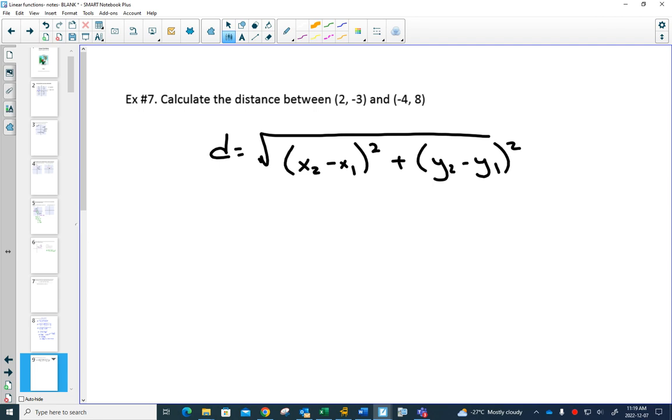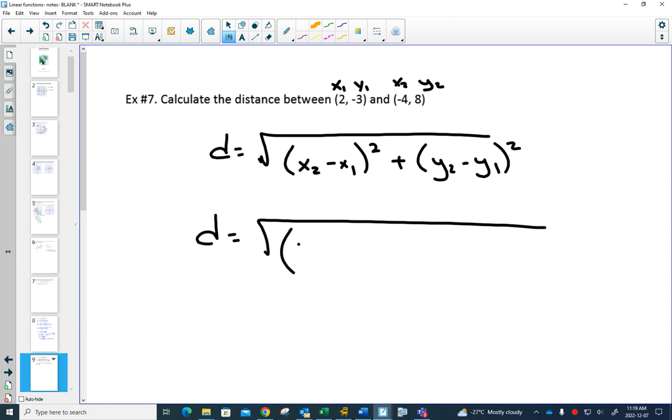So again, we pick our first point, we call this our first x point, our first y point, our second x point, our second y point, and again, when I plug in negatives, I put them in brackets. -4 minus 2 squared plus 8 minus a -3 squared.